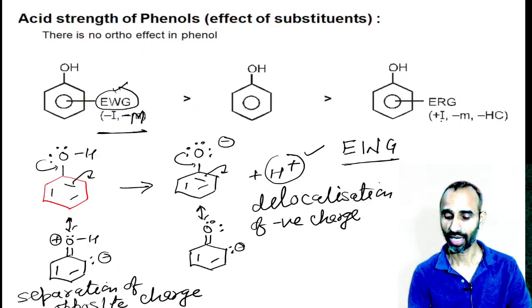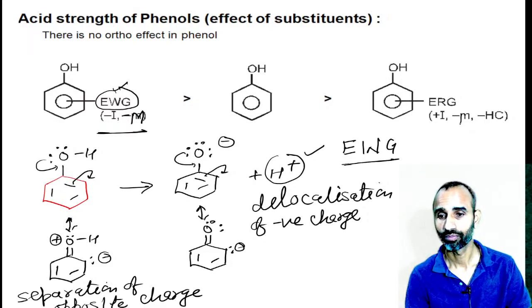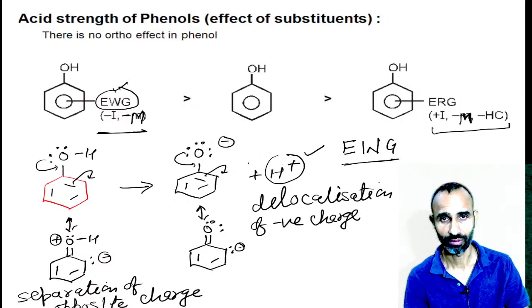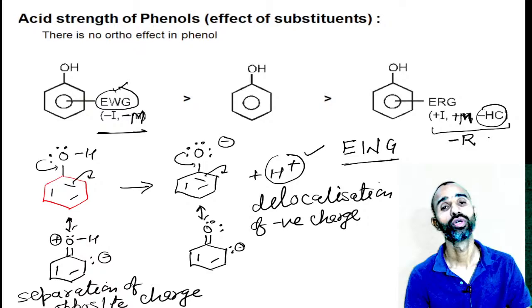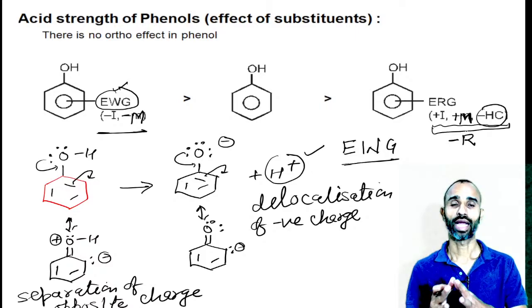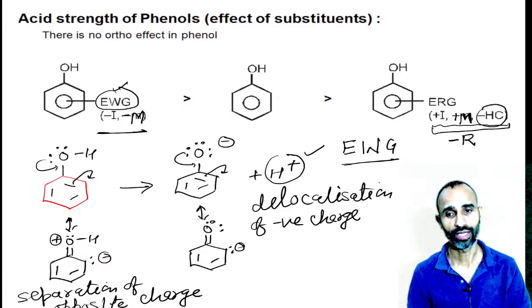And electron releasing groups decrease the stability of phenoxide ion, because plus M or plus R, or hyperconjugation, all the three are electron releasing effects, and therefore decrease the stability of the phenoxide ion.